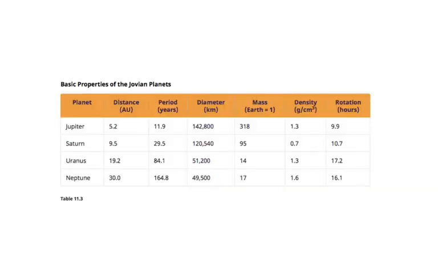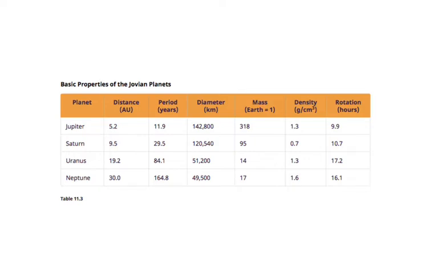Here are some statistics on distance, periods, and rotational hours. Looking at Jupiter, it rotates in about 10 hours. Saturn, about 11 hours. These are a lot larger than the terrestrial planets, so they are rotating a lot faster.